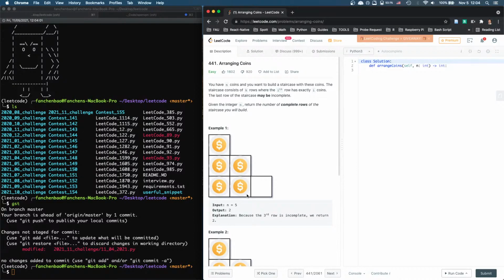No, 3 doesn't work. Output is 2. Does 2 work? 2 works. Yeah, 1 doesn't work. All right, 2 works. Yeah, it does work, but yeah, I thought I could get a straightforward answer to this.